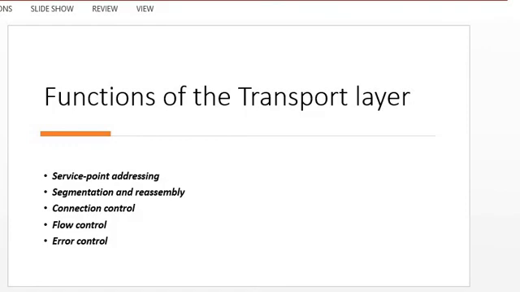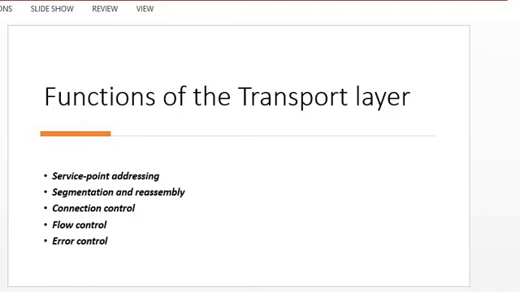And to ensure successful delivery of messages from source to destination, that is from one computer to the next, sometimes we are delivering a message from one process running on one machine to another process running on another machine. And that information has to arrive at the destination process correctly.